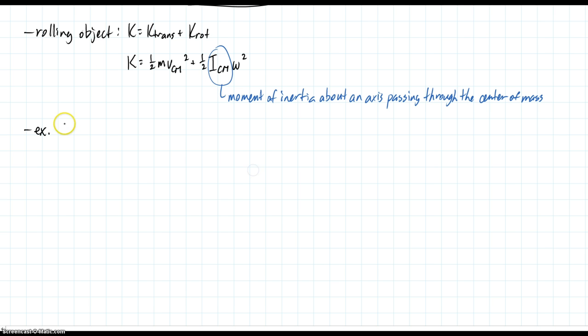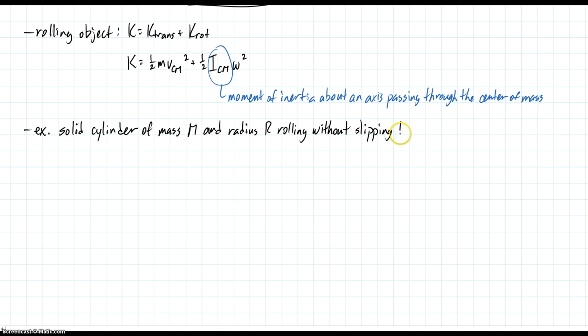And to start, let's say that we have a solid cylinder of mass big M and radius big R, rolling without slipping down an inclined plane.